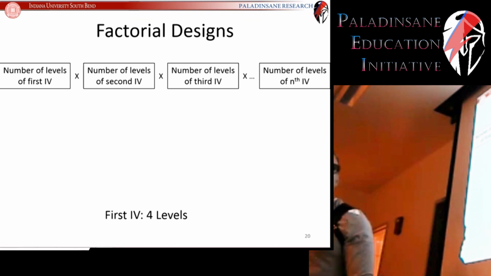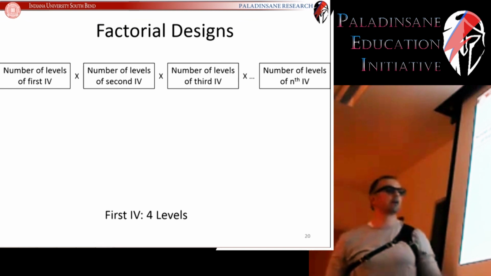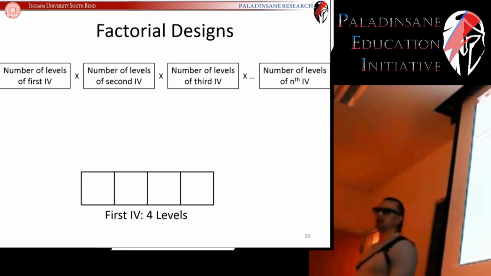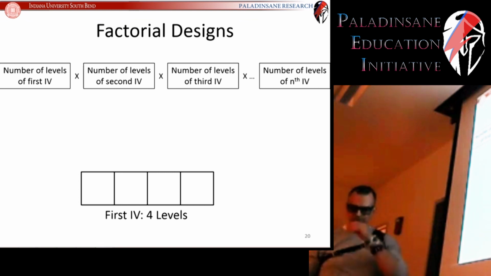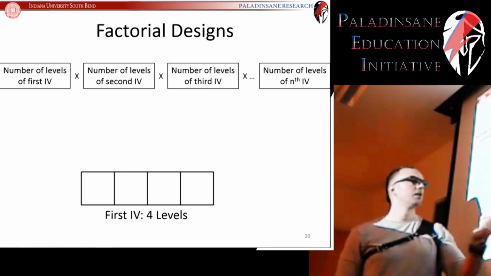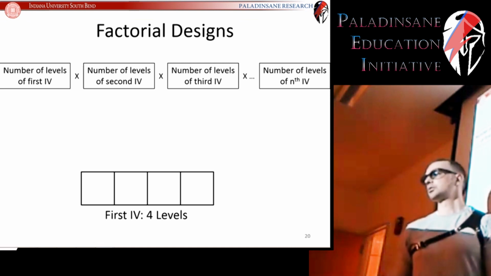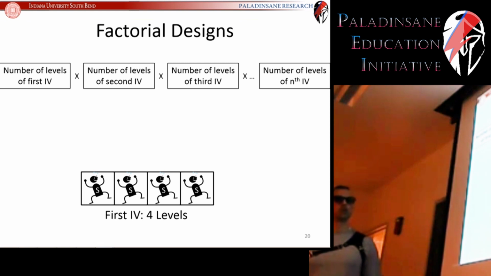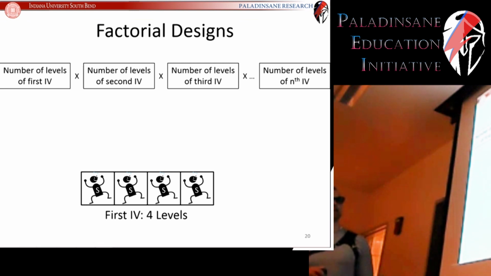So let's say that you have 1 independent variable, and it has 4 different levels. Let's say that you're studying ages in a developmental study, so you have young children, older children, young adults, older adults. You have 4 different levels, 4 groups of subjects. That's for a single independent variable experiment.